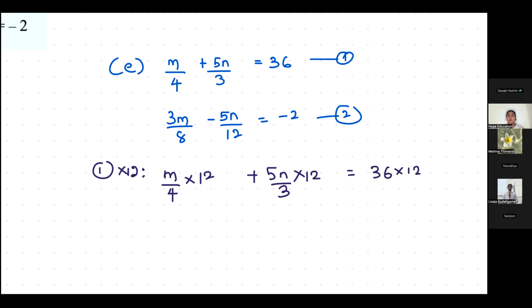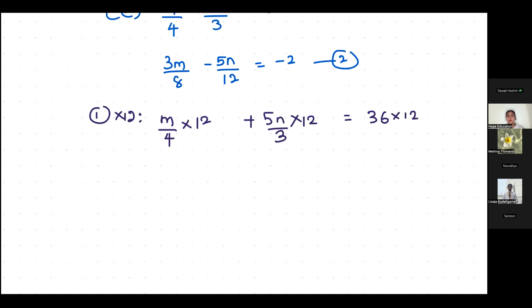Okay. 4 times 1, 4. 4 times 3, 12. 3 times 1, 3. 3 times 4, 12. So we get m times 3, which is 3m, plus 5n multiplied by 4, which is 20n, equals 12 times 6 is 72.